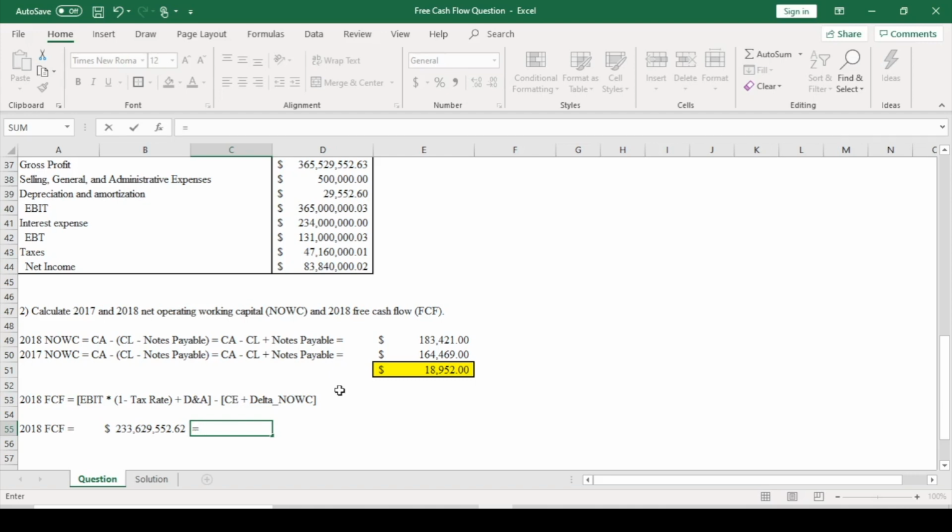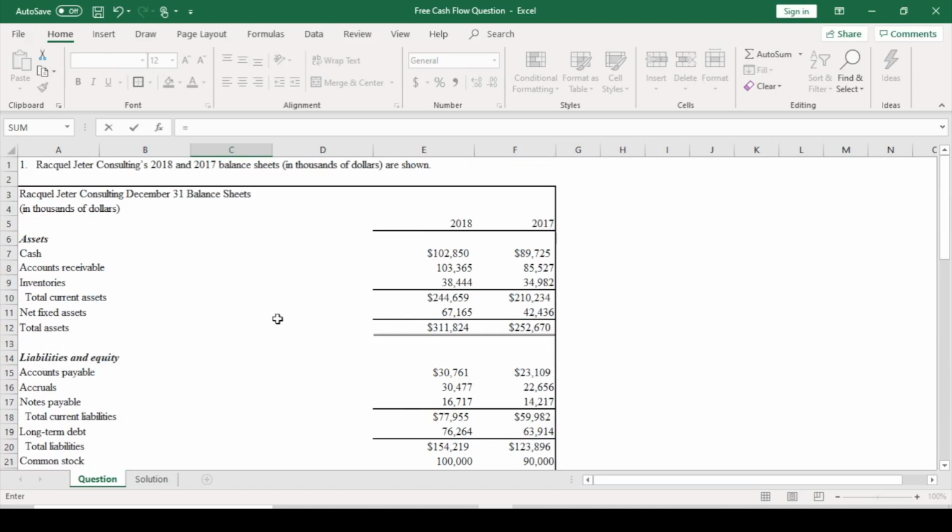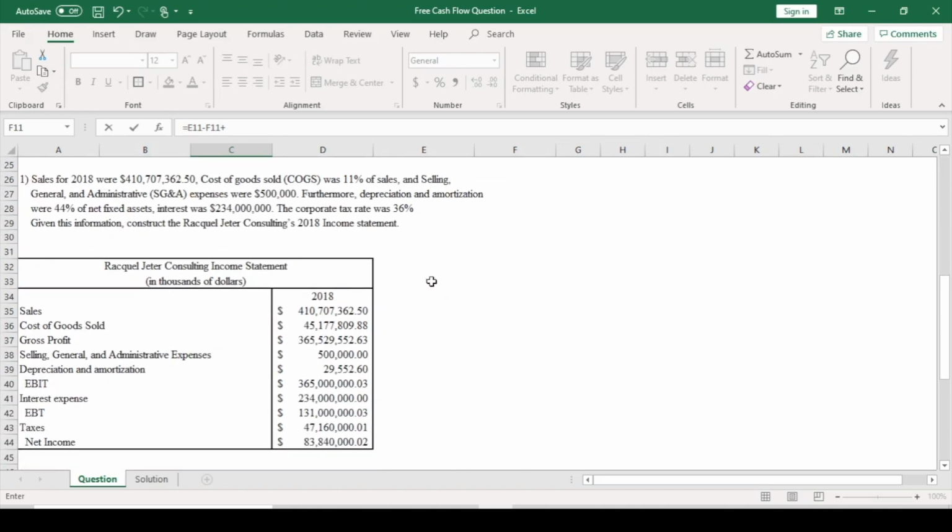So go back to the balance sheet, find the net fixed asset: 2018 net fixed asset minus 2017 net fixed asset, plus what? Plus depreciation and amortization. Okay? This will be your capital expenditure.